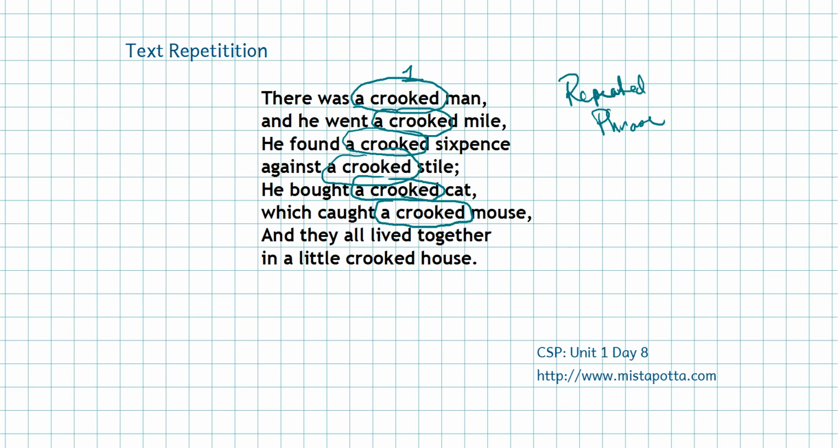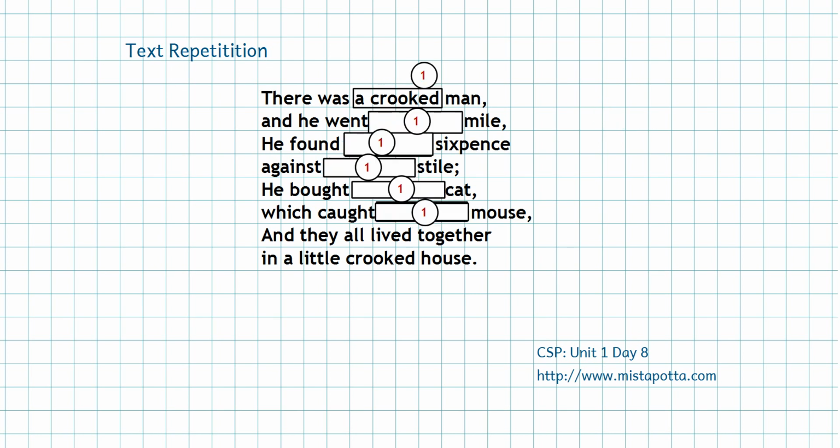So I can envision my text where "a crooked" is labeled with the number 1, and then whenever I see a number 1, I know that it represents "a crooked." Notice I don't have "a crooked" here, but if I were to see the word "crooked," I could call that number 2.